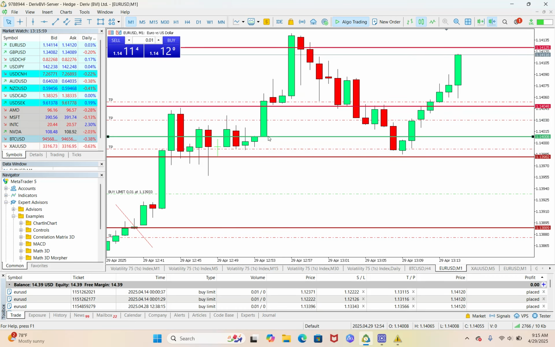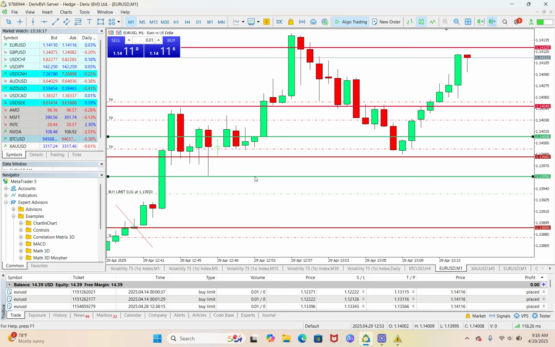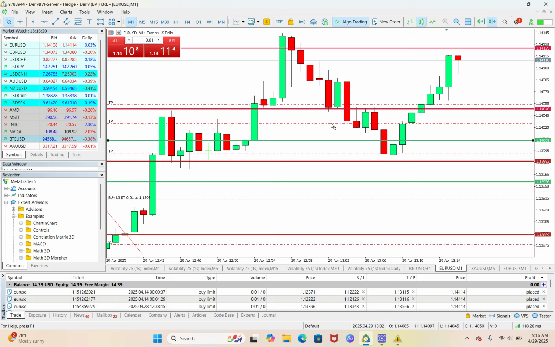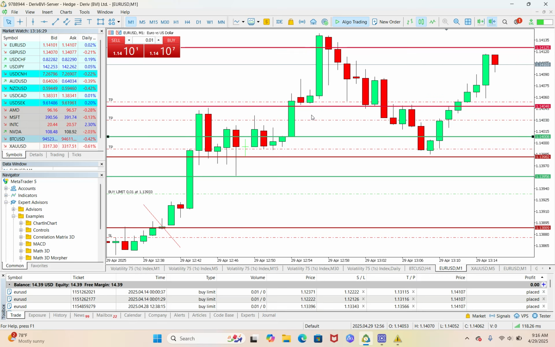This area was the last area where buyers were in control of the market.